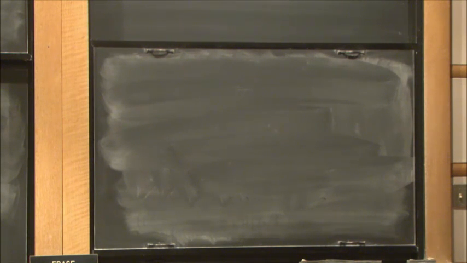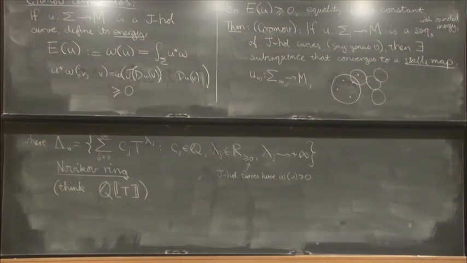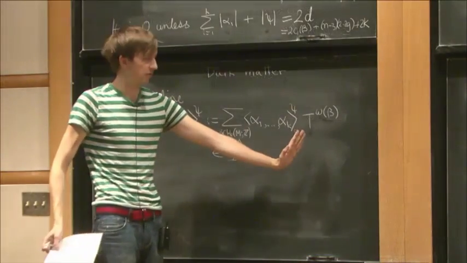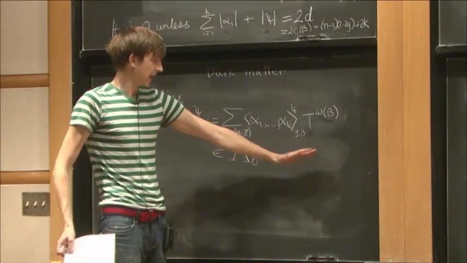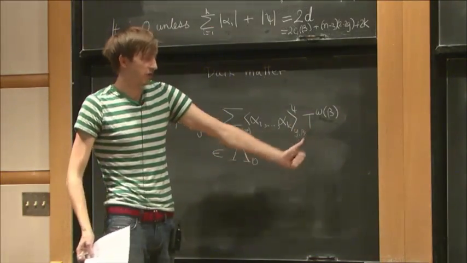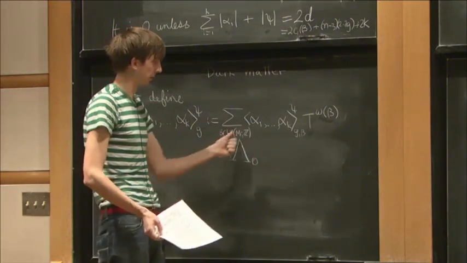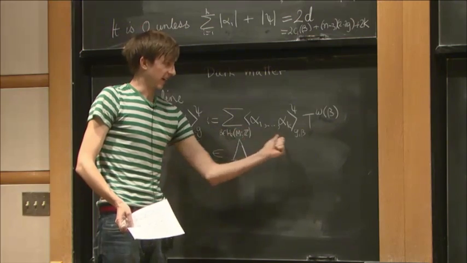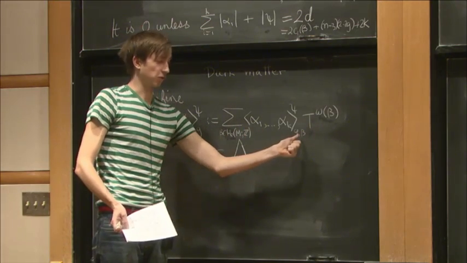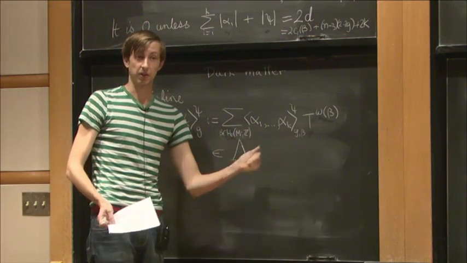If we tried to, for example, substitute in some actual value of t, then there would be no reason for this sum to converge. I think it's expected to converge for very small values of t, but this is a really difficult problem because it says exactly how quickly these Gromov-Witten invariants grow, and that's difficult to work out.